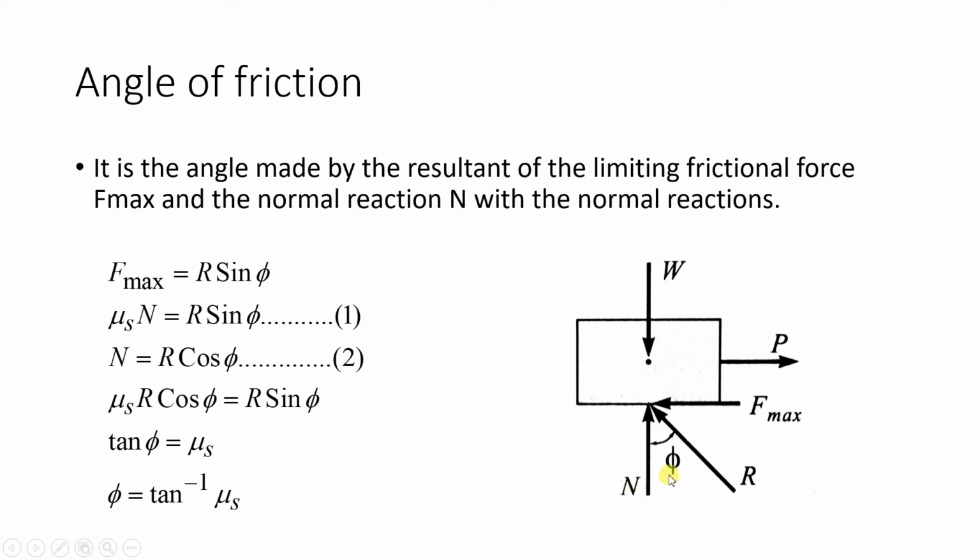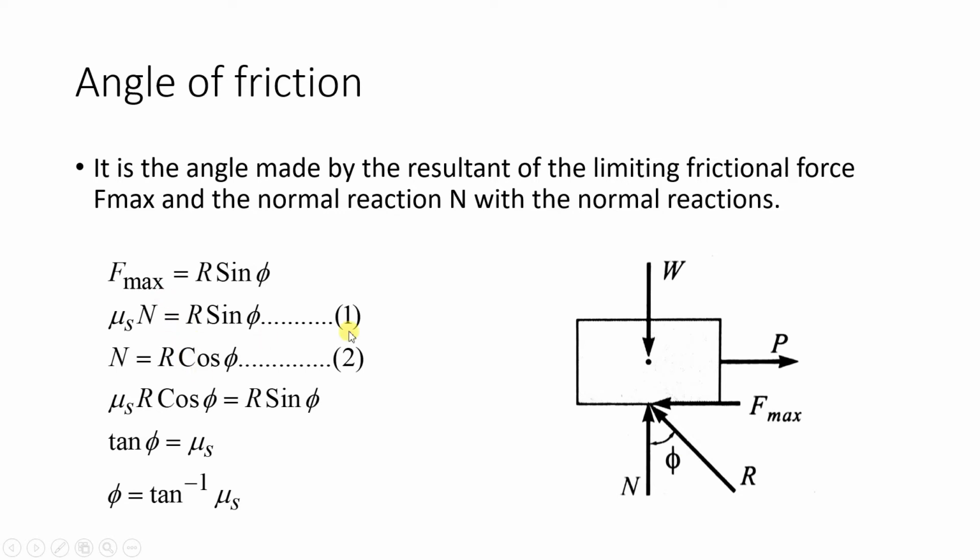Now this angle phi is called the angle of friction. What is this angle? It is the angle made by the resultant of limiting frictional force Fmax and normal reaction, that is R, with the normal reaction. So this is angle phi.